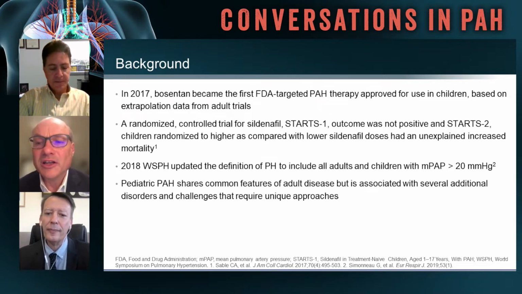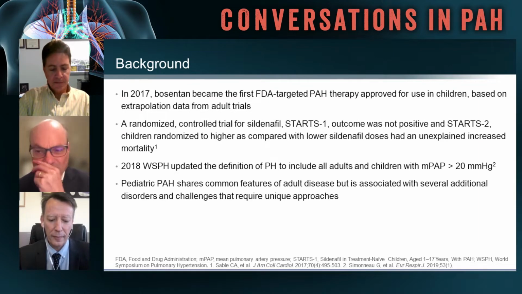And currently in the US, the only drug that's FDA approved is bosentan. And maybe when we get to the discussion of some of the drug trials, we can discuss this. The FDA used extrapolation to adult data to approve bosentan.